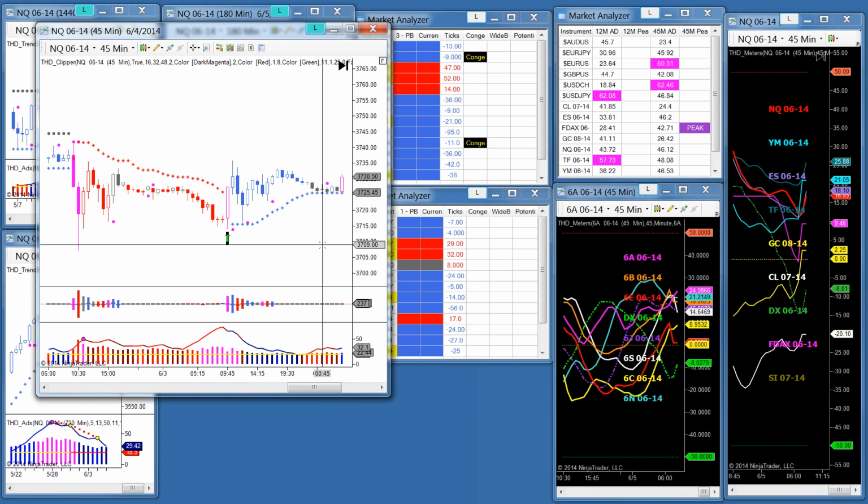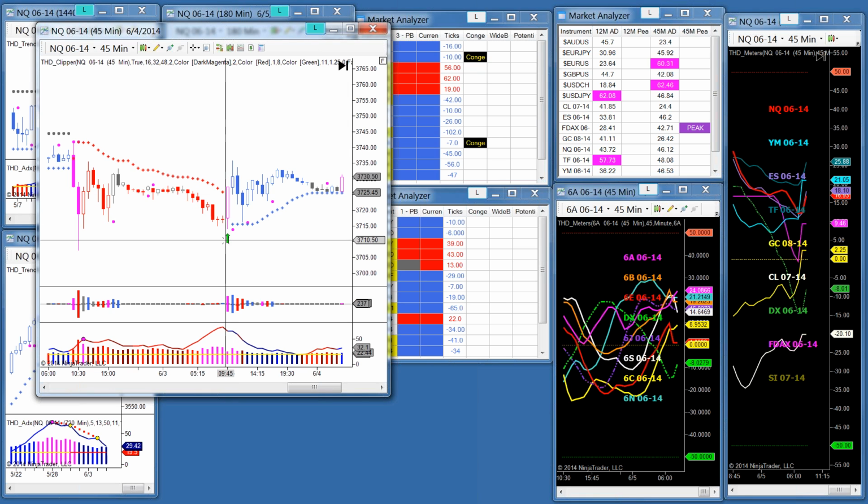This was the opening bar here. So they went back and they tested this ATR. What did they do? Buyers came in, but that is a wide bar. What happens on wide bars? I just told you a few minutes ago, wide bars retrace about 80% of the time.